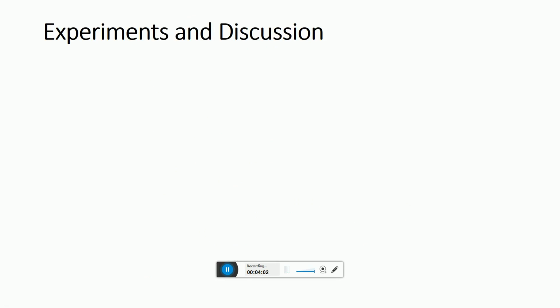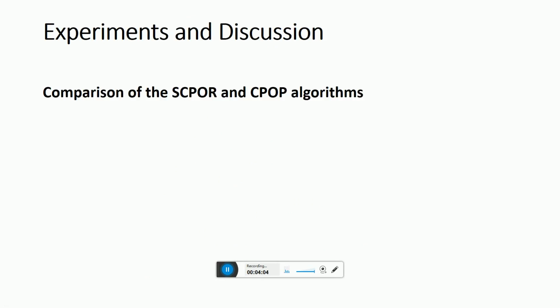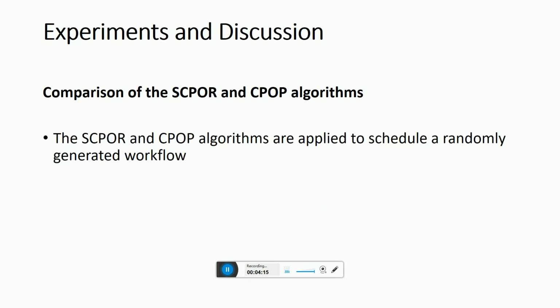In the experiment and discussion section, we compare two algorithms, SCPOR and SCPOP. The SCPOR and SCPOP algorithms are applied to schedule randomly generated workflows from our random workflow generator.